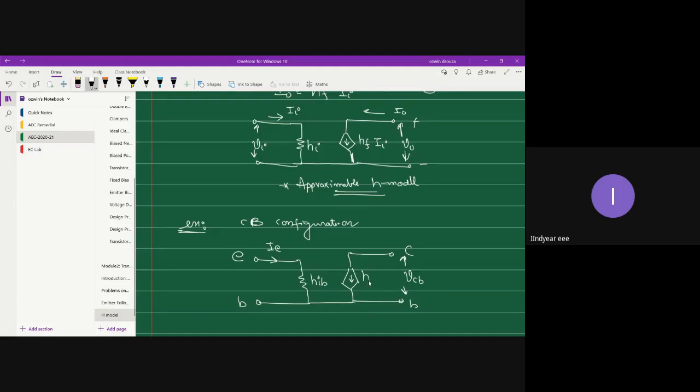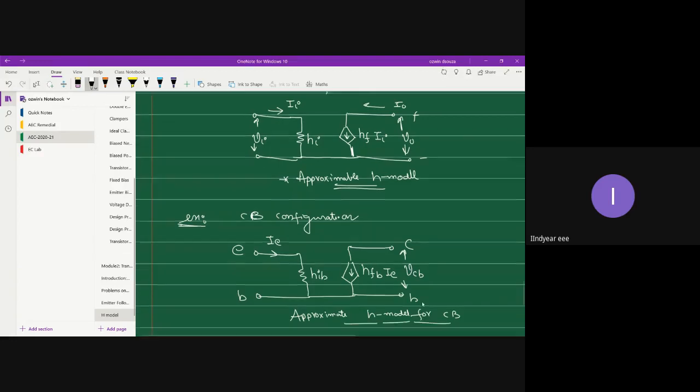And this would have been HFB into IE. This is your approximate H model for CB.